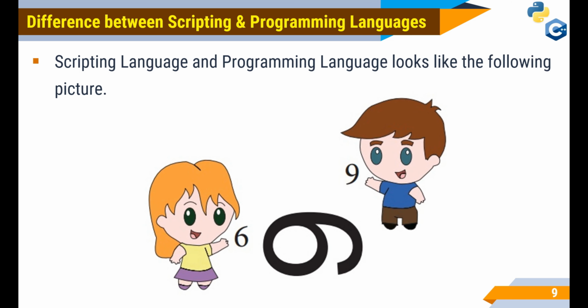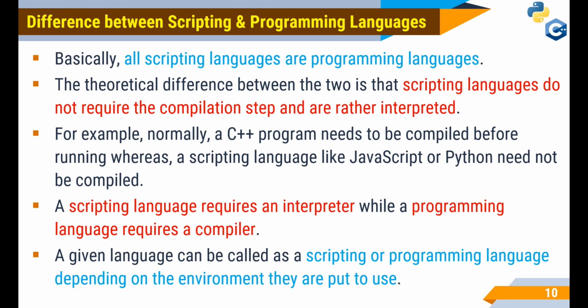Here, the difference between scripting and programming language looks like the following picture. You see the diagram representation; you have to see it once again clearly. Next, difference between scripting and programming language. Basically, all scripting languages are programming languages. The theoretical difference between the two is that scripting languages do not require the compilation step and are rather interpreted.